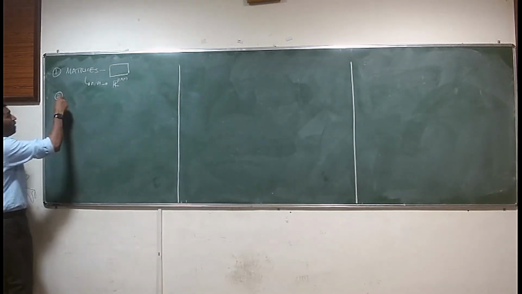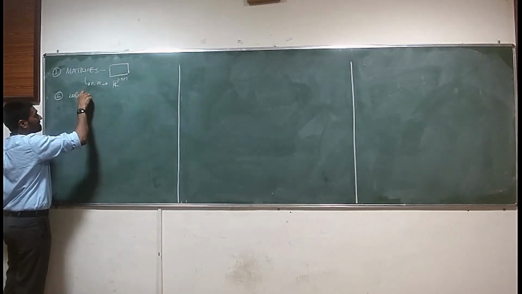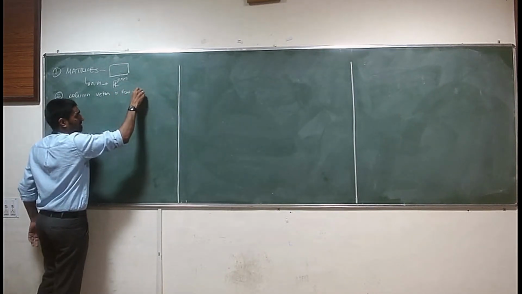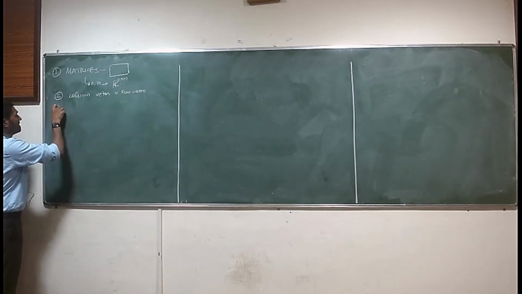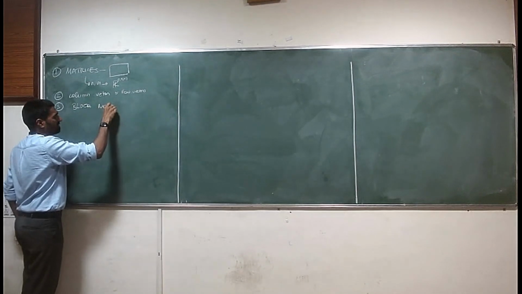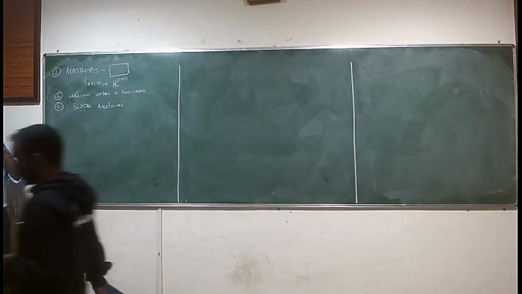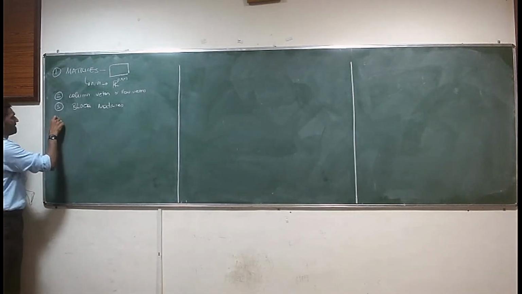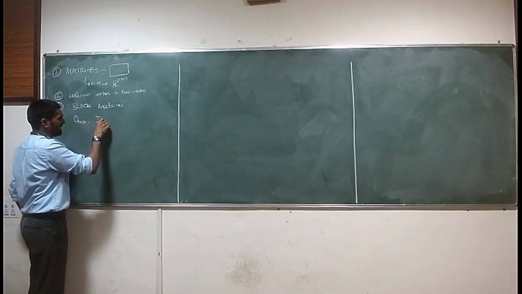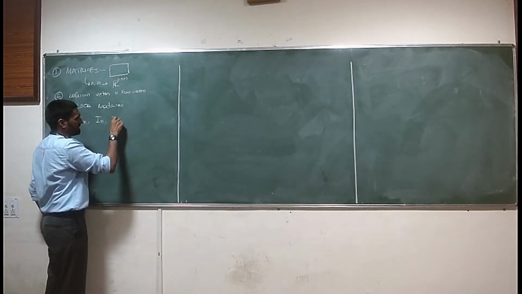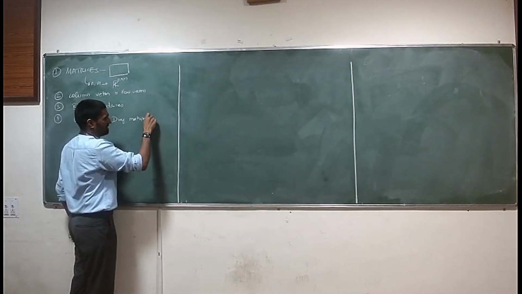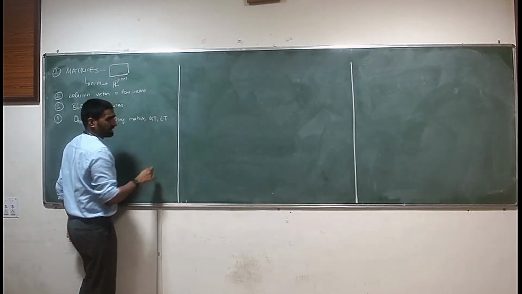What else? Before that, we looked at vectors. And then we looked at block matrices, and then some special matrices, like the identity matrix, and then upper triangular and lower triangular matrices.